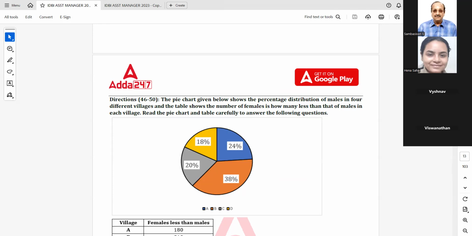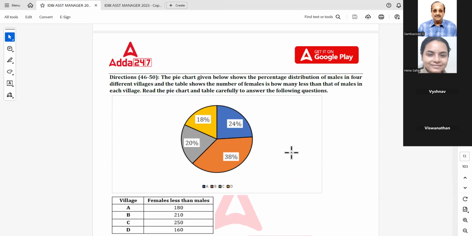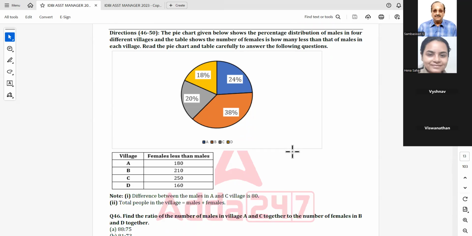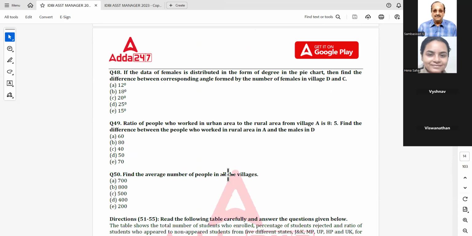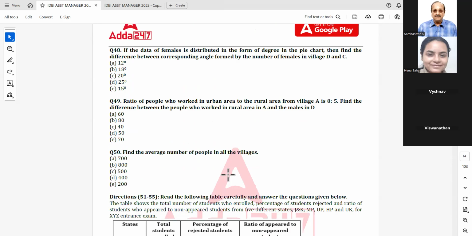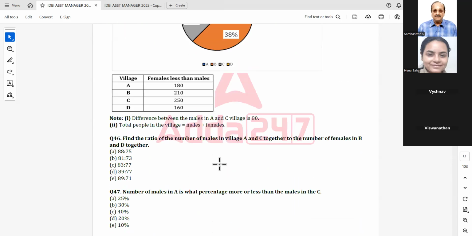What is this pie chart? 24% what? 38% what? 20%. They have given it in color. They have given A, B below. Where have they given the color? In that circle itself, below they have mentioned the village's name.